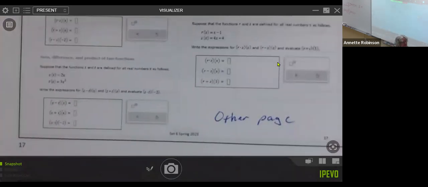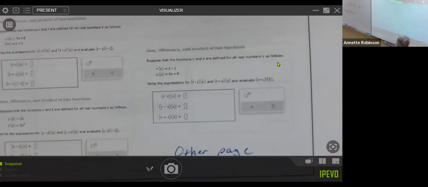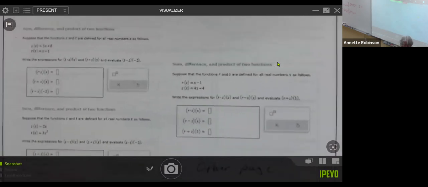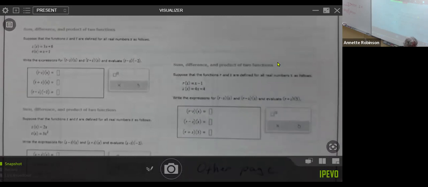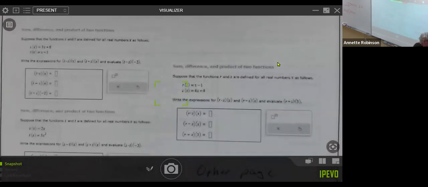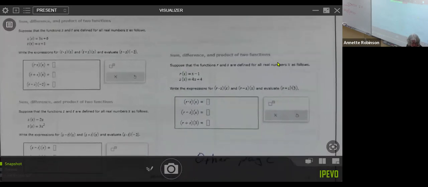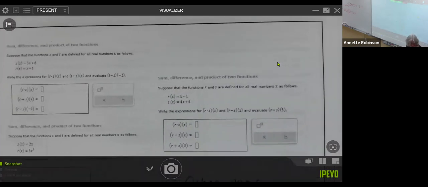If you have printed off the notes, we were working on slide 17 when we left on Tuesday. All right. Are y'all feeling okay with the addition, subtraction, and multiplication of them?